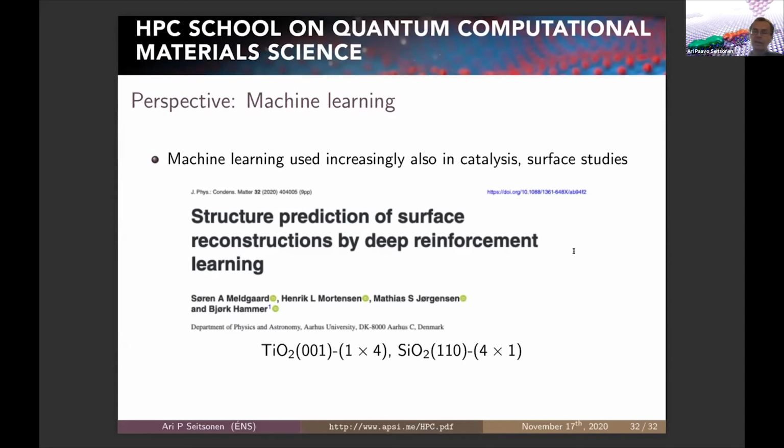Then one can calculate the surface energy and maybe other quantities if there are experiments already available, and compare the quantities which I mentioned before. For example, you can calculate and compare with the experiments to see if your structure, which you got with this machine learning, corresponds to the experiment.